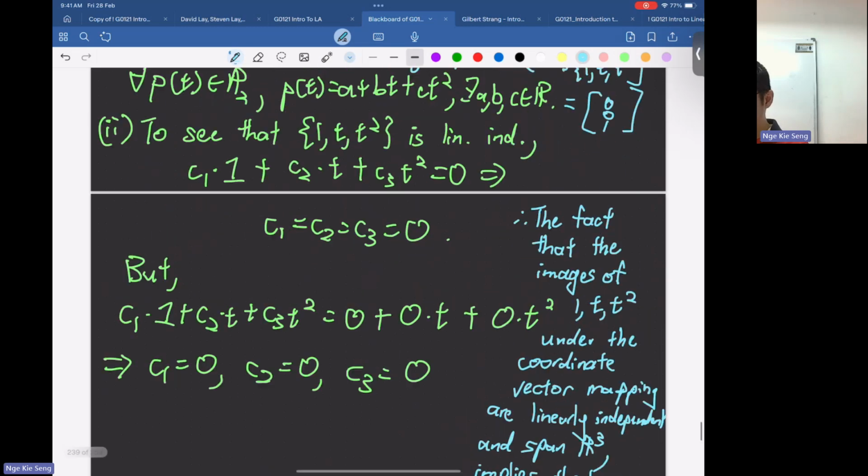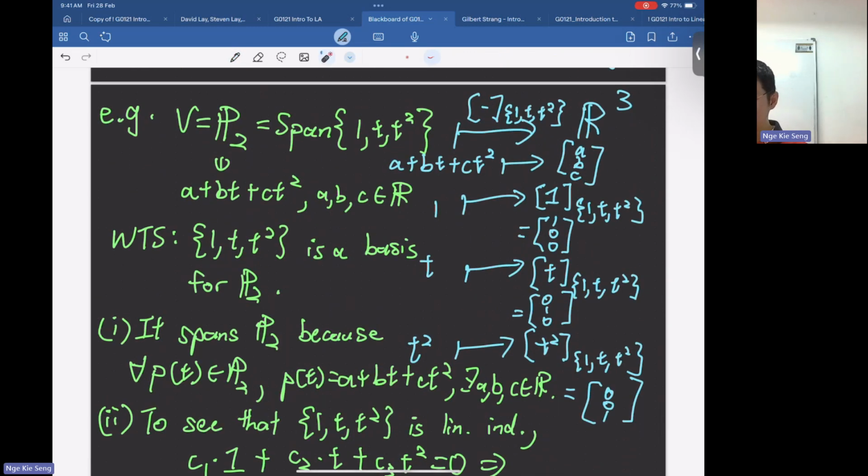Note that there's a clever choice here, because you choose 1, t and t squared, they correspond to the standard basis. If you choose a different basis, let's say 1 plus t and t squared, then you will be sent to a different basis in R3. For example, 1 plus t gets sent to 1, 1, 0: A equals 1, B equals 1, and C equals 0.